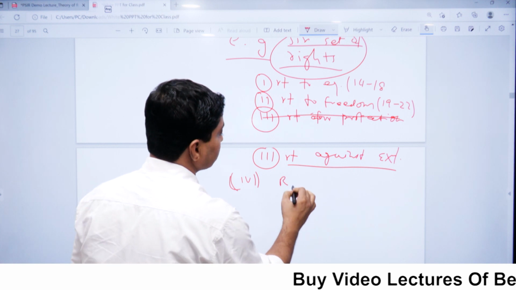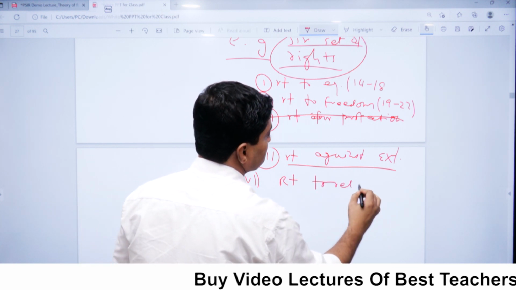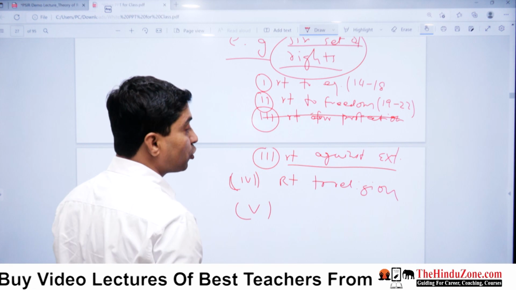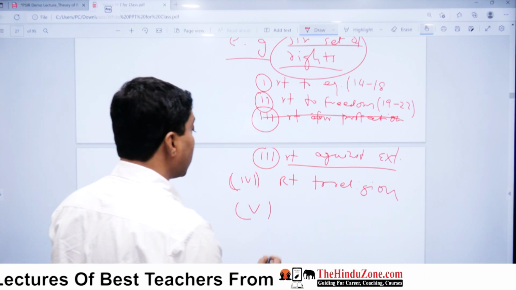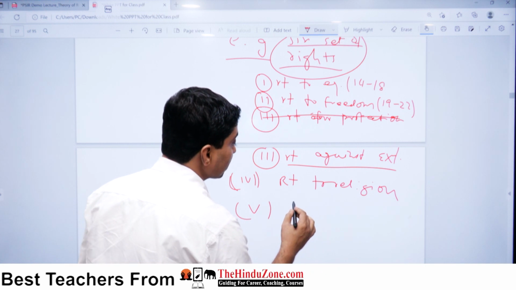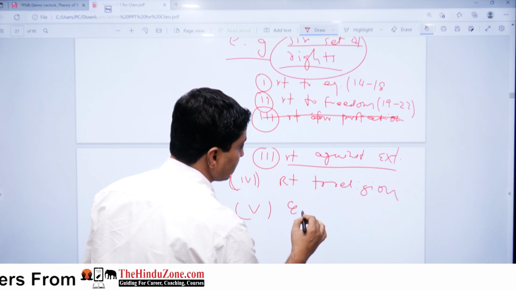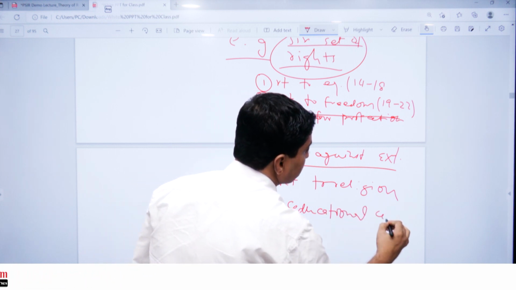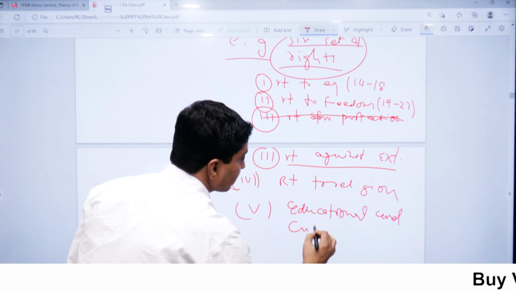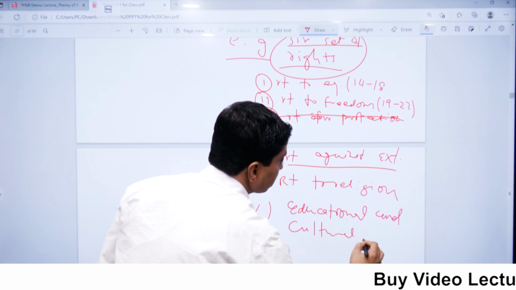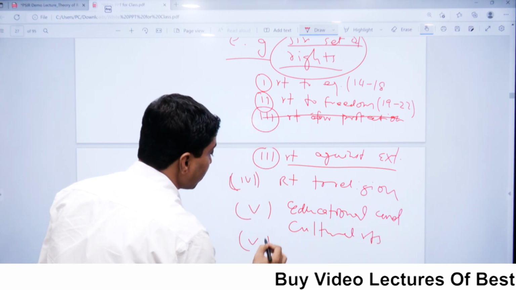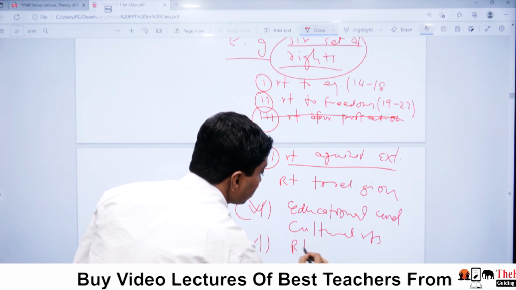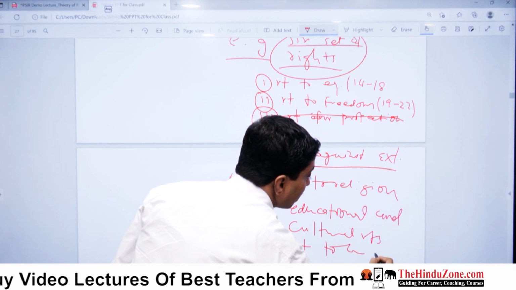right to religion. Then fifth right is educational and cultural rights. Then sixth, right to constitutional remedies.